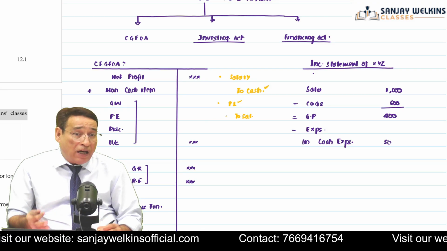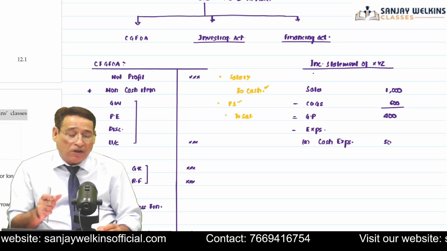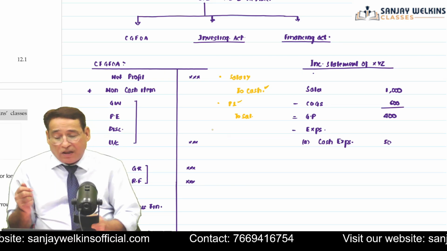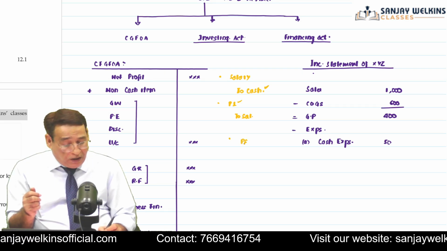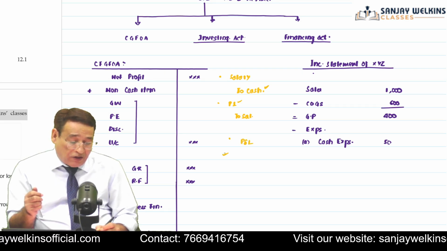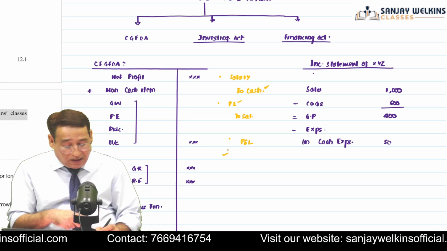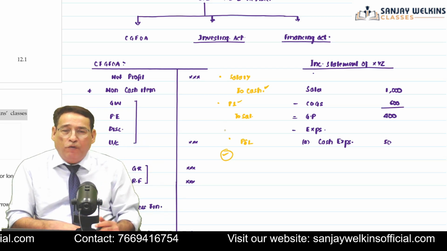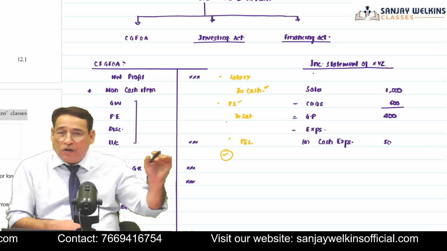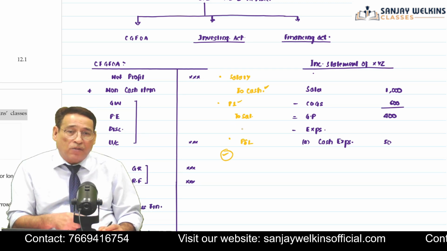Cash expenditure means that when I am preparing my profit and loss account and writing this item on the debit side, some cash is also moving out against this item. That means my cash is also reducing. Such expenditures are known as cash expenditure.